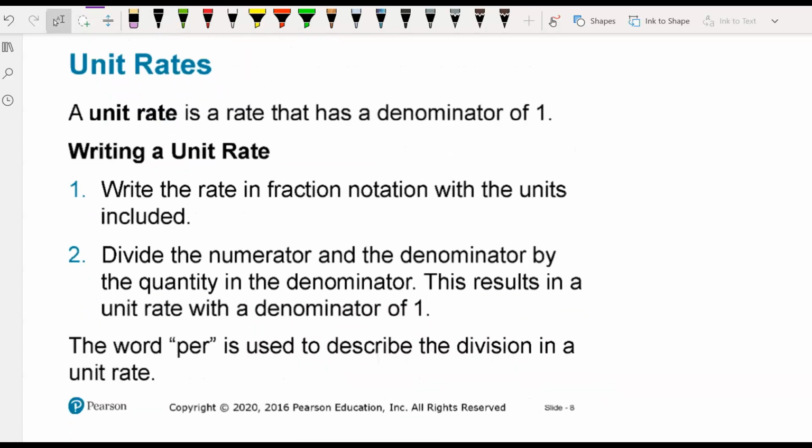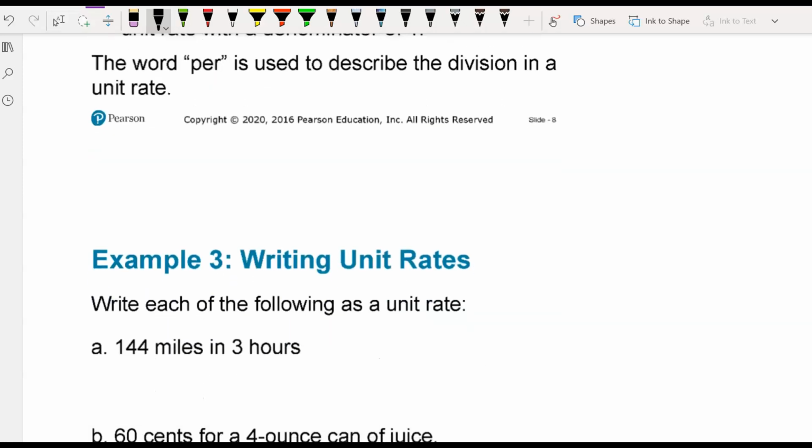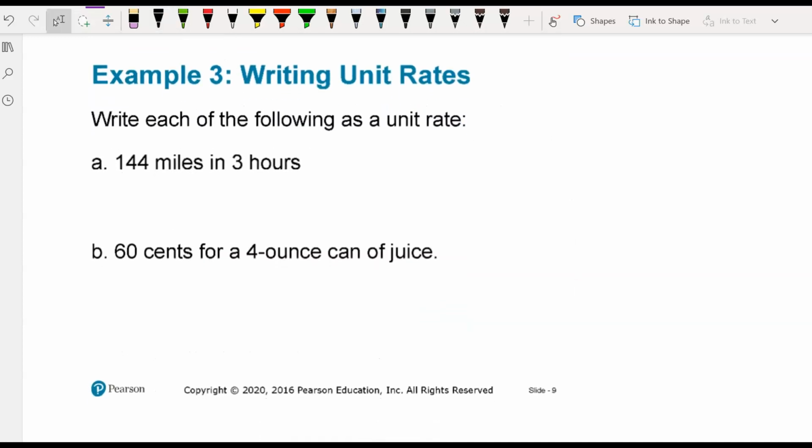All right, unit rates. So write the rate in fraction notation with units included. Divide the numerator and the denominator. And then the word per is used to describe the division in the unit rate. All right, so it says write each of the following as a unit rate.